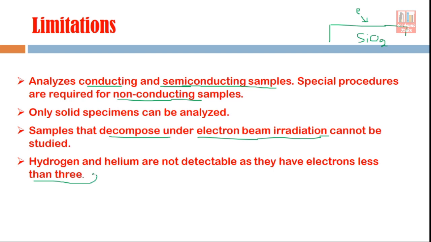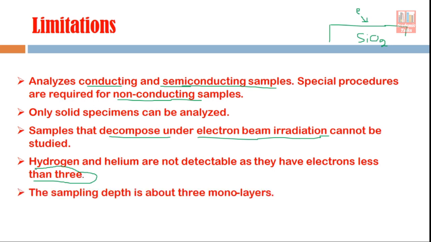I told you that the entire Auger process involves at least 3 electrons present in the atom, but in the case of hydrogen and helium the number of electrons is less than 3, so we cannot detect hydrogen and helium. If we want to increase the sampling depth, then we have to remove the top layer and repeat the analysis, and remove the top layer again, so that way we can go to the deeper part of the sample.